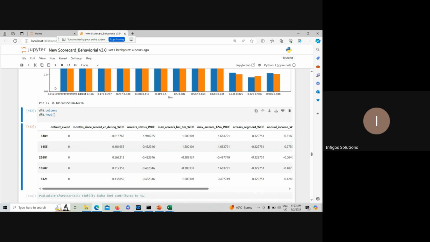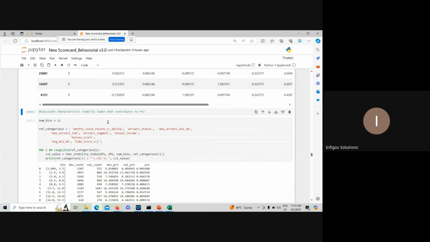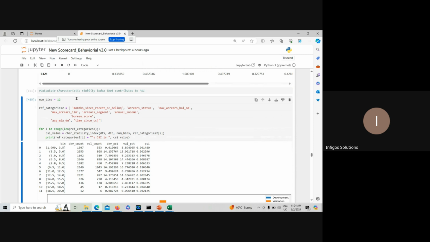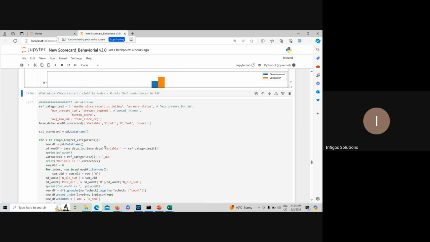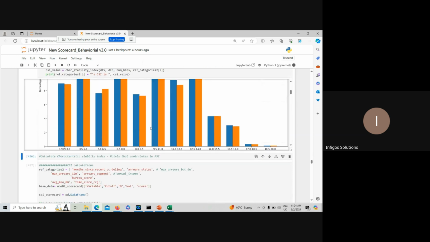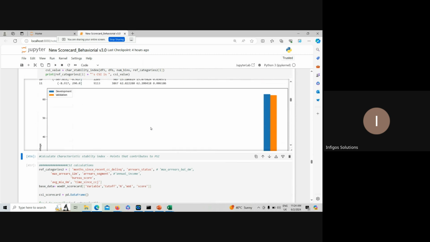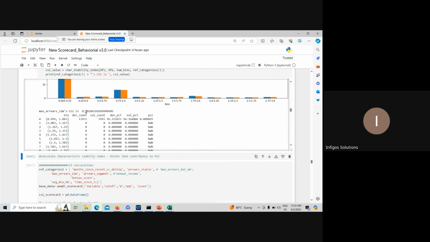And then we are looking at this column. This is for calculating CSI. This is the index one.